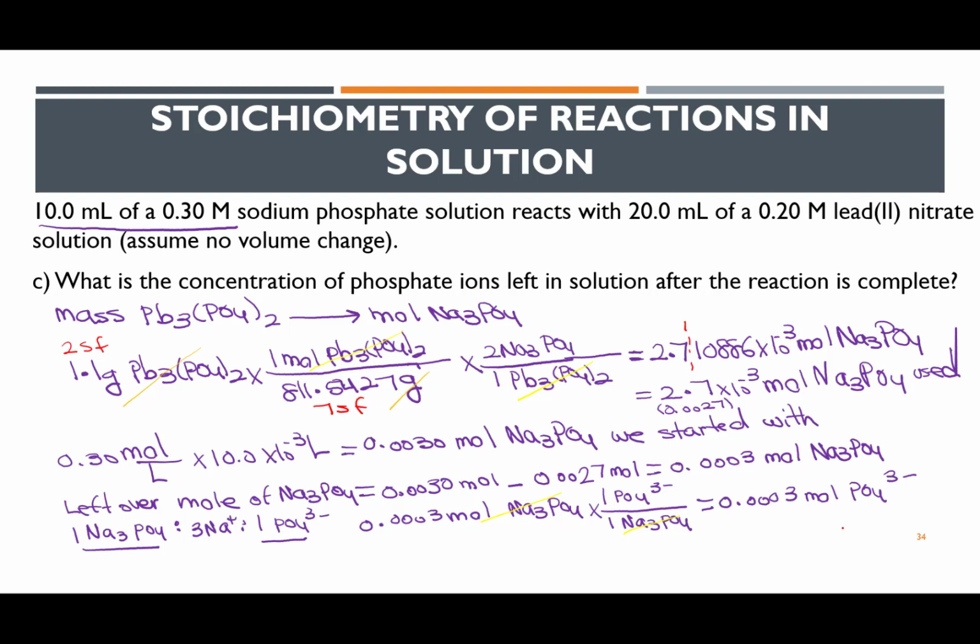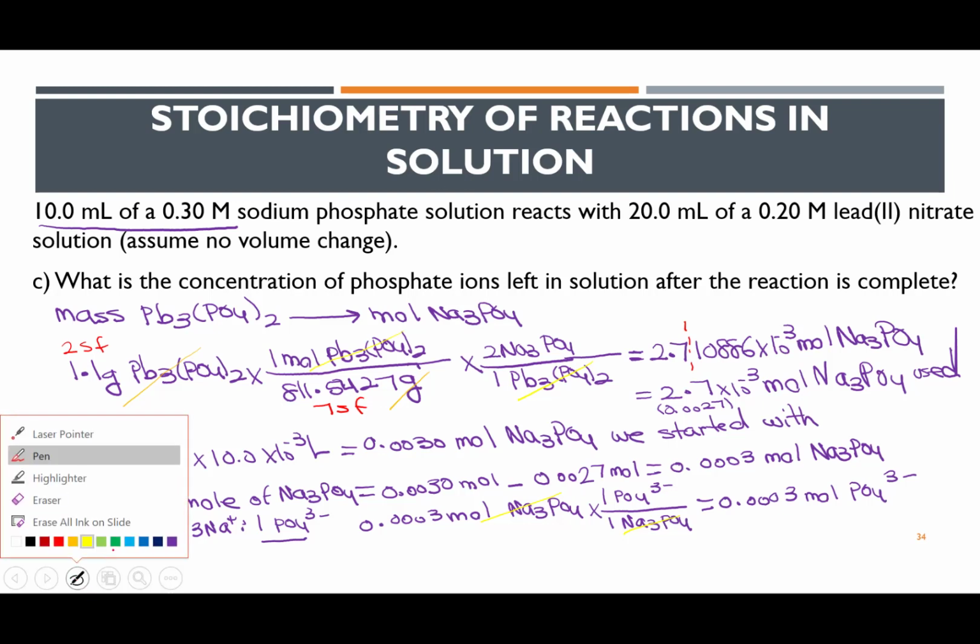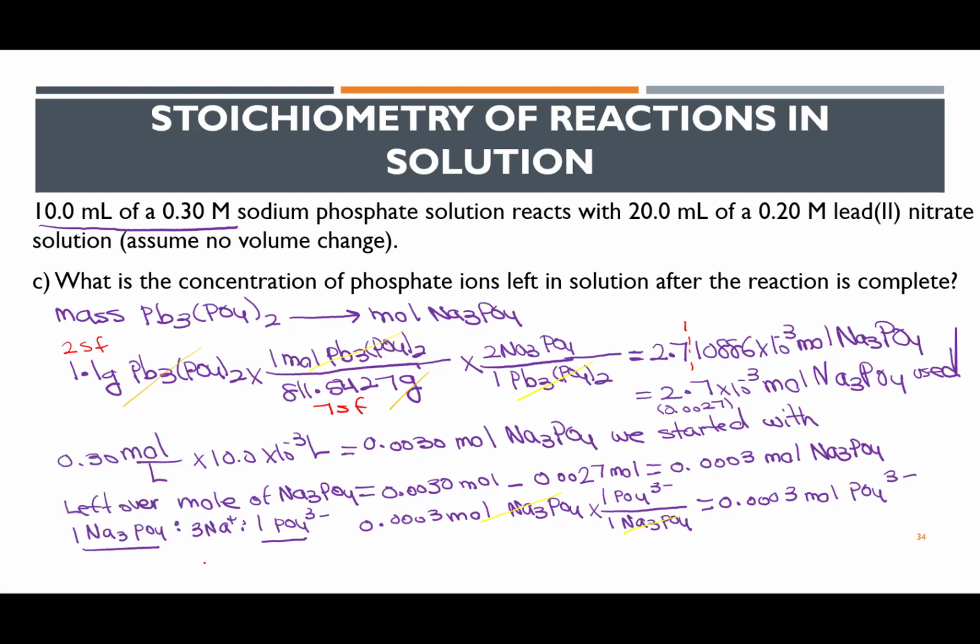Once you know the moles of phosphate ion, you can easily calculate the concentration of phosphate ion. Let me choose a different color. The concentration of phosphate ion will be the moles, which is 0.0003 mole, over the volume.